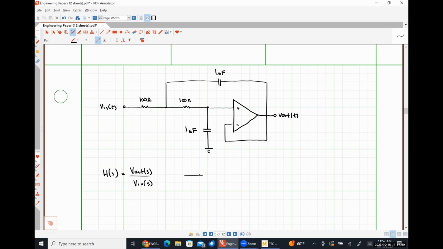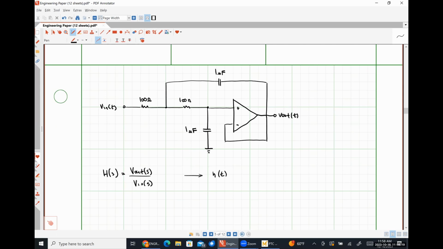Just as a heads up, kind of tying things back to what we've done previously, H of T, which is the time domain version of the transfer function, is literally this circuit's impulse response, which means we could convolve it, if we were feeling so terrible, with any input signal and find out what the output would look like.